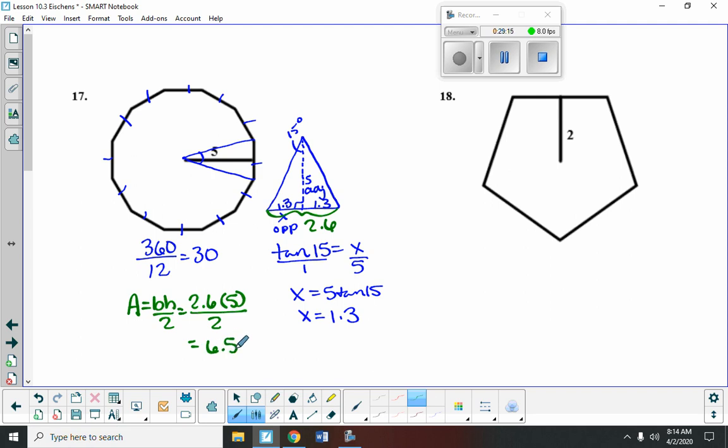I get 6.5. And like I said, we have 12 sides here, so now we have to multiply that times 12 for the last thing. Don't forget your last step. And so you get equals 78 units squared.